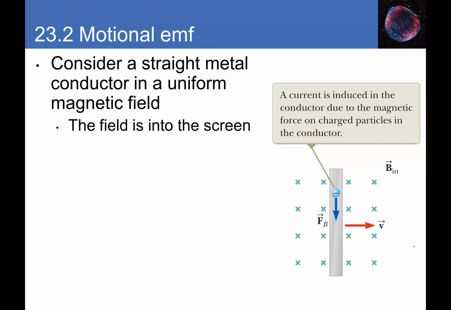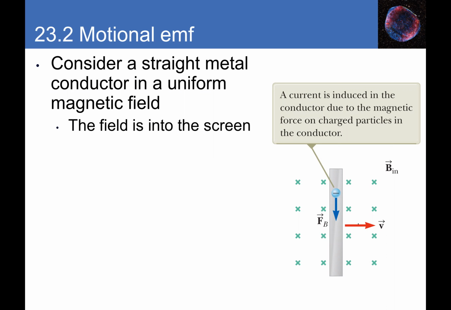All right, so let's consider now the next concept, which is called motional EMF. What we're going to see is that if you have some kind of conductor that is moving in an external magnetic field, this conductor can be used as a source of EMF.